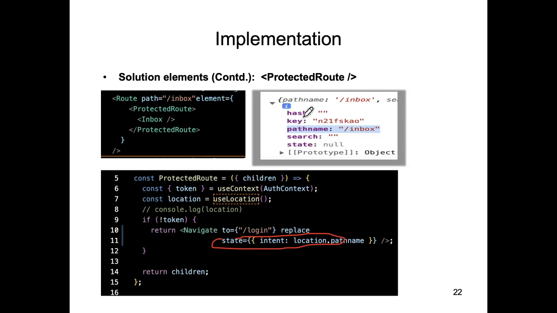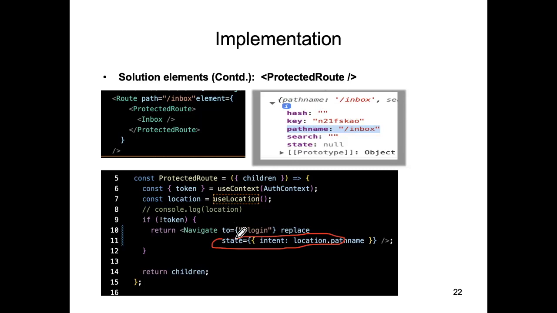And I'm showing you up here what the typical structure of the location object is. And we've talked about this location object before. The pathname property is important. The rest isn't really. But you can add some extra information to the location object. And you do that by means of this state prop here.